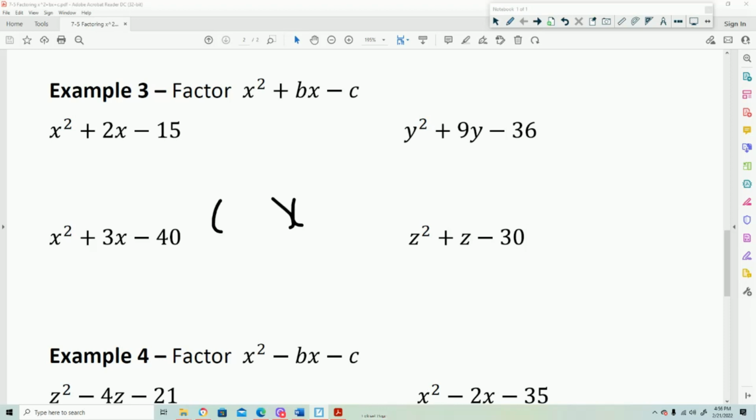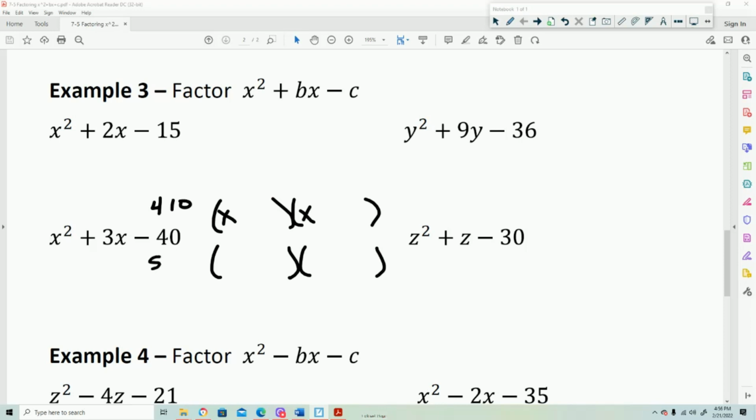Parentheses, I was going to say I was getting better at my parentheses, but my handwriting is still pretty bad. Okay, we're doing this one. Let's look at x and x. Let's look at 40 here. The numbers that multiply to be 40 need to be kind of close together. Obviously 4 times 10, but that's a difference of 6. That's not going to help.